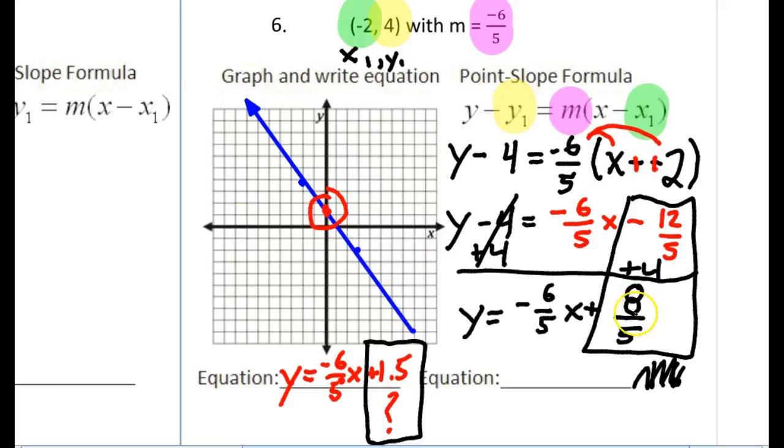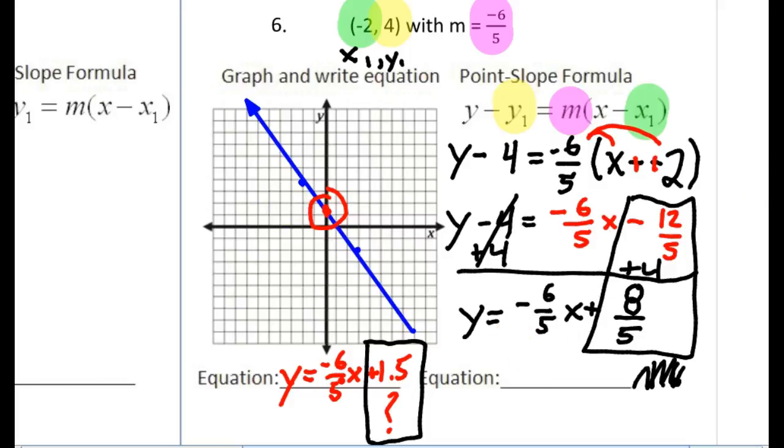We don't want to make it a decimal, mainly because some denominators give you repeating decimals, and you never want to have an answer with a repeating decimal in it. So that usually happens with 3s, some 6s, and then 9s. You'll get repeating decimals. So never have your y-intercept as a decimal, okay? Unless you need to go ahead and graph it.